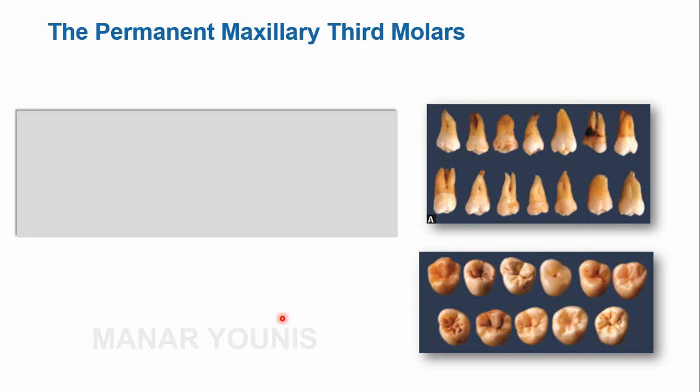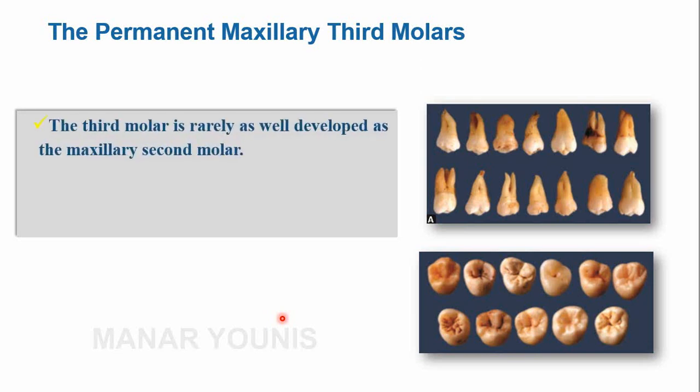Moving to the permanent maxillary third molar. Third molar is rarely as well developed as maxillary second, so it can present in different forms and in different sizes, as you can see in these two pictures.